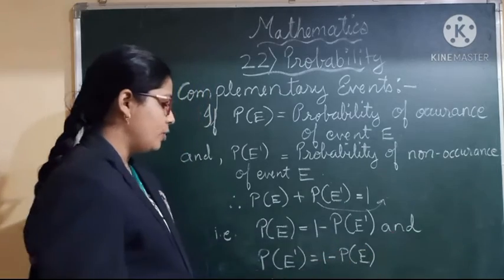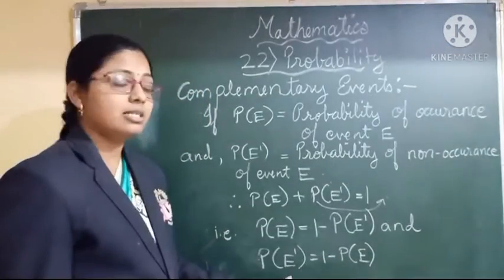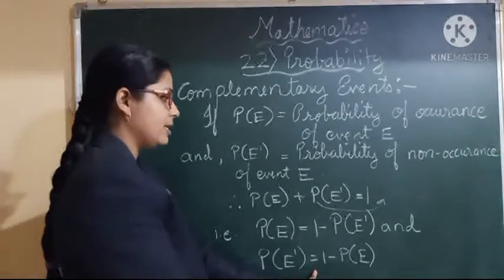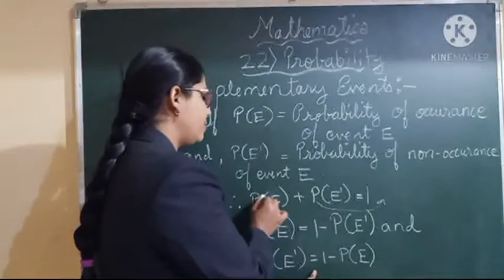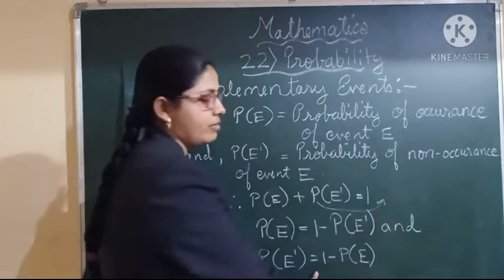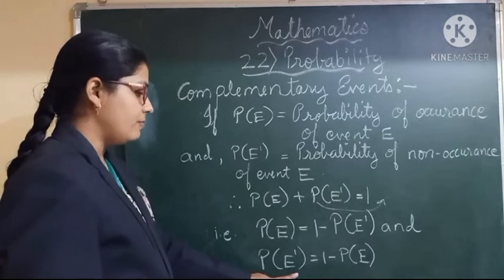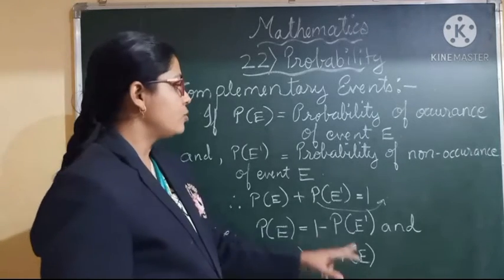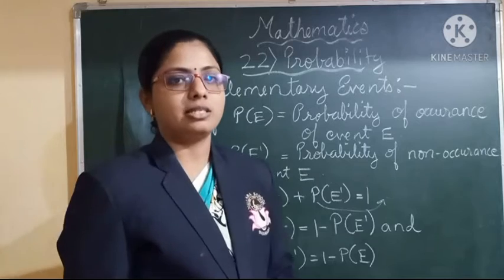Again, if we want to find the probability of E dash, in the same way, P of E will go to the other side and be subtracted. So P of E dash equals 1 minus P of E. By using all this, you can solve different types of examples.